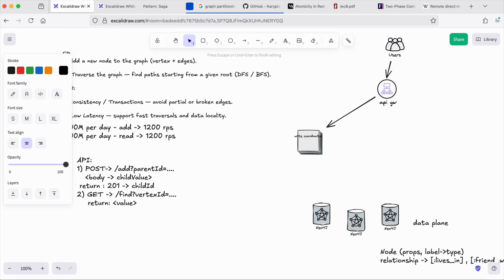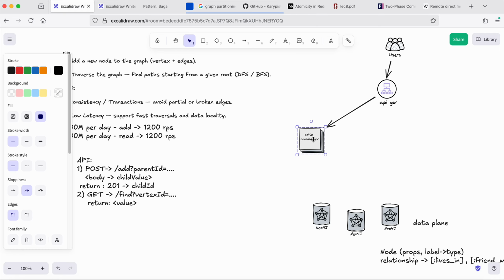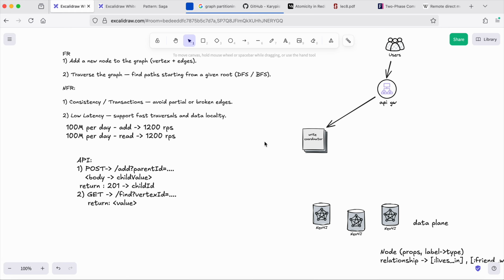In general, this write coordinator could be a kind of complex part of our service because it should do the following. Let's address the operations over there.